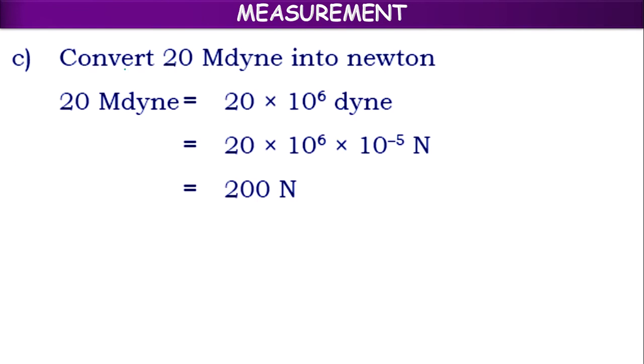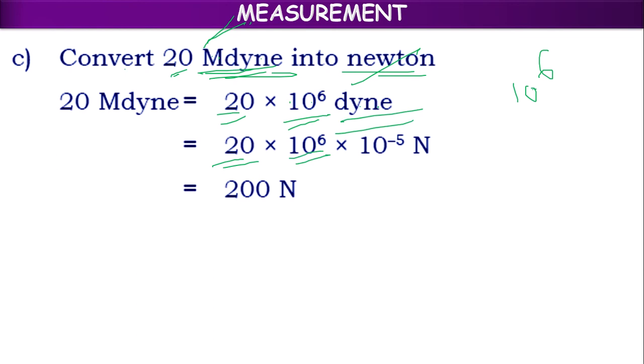Next one. Convert 20 megadyne, capital M, megadyne into Newton. Mega means 10 power 6, children. So 20 into, in the place of mega, we can keep 10 power 6. We can write dyne as it is. 20 into 10 power 6 into 1 dyne, how much? 10 power minus 5 newtons, because 1 Newton equal to 10 power 5 dyne.